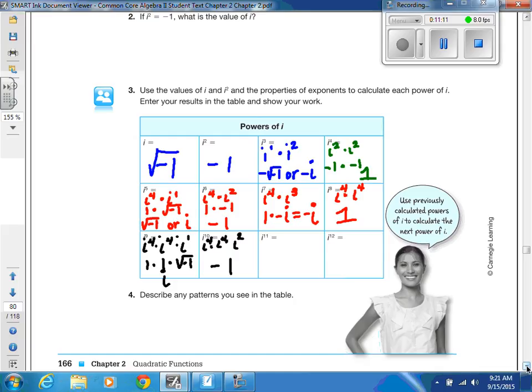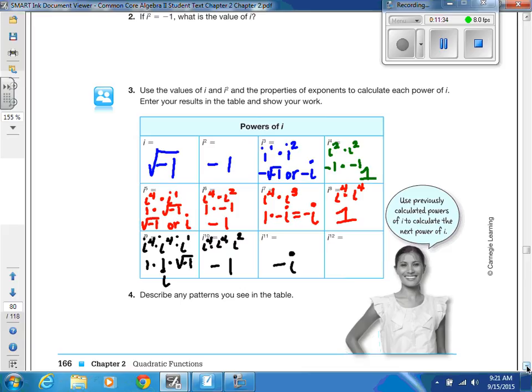Do I have a guess on what i to the 11th is going to equal? Well, what's going to happen here? I'm going to take out 8, right? And then I'll have 3 left over, which is negative i.